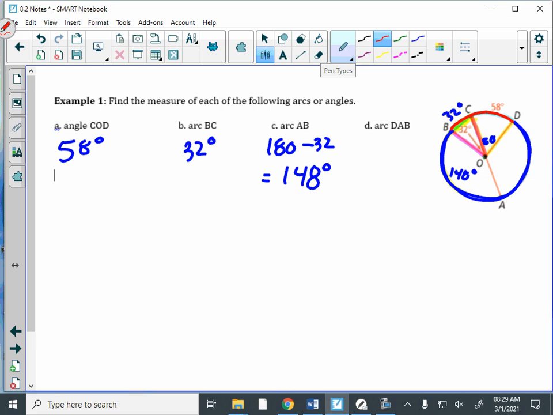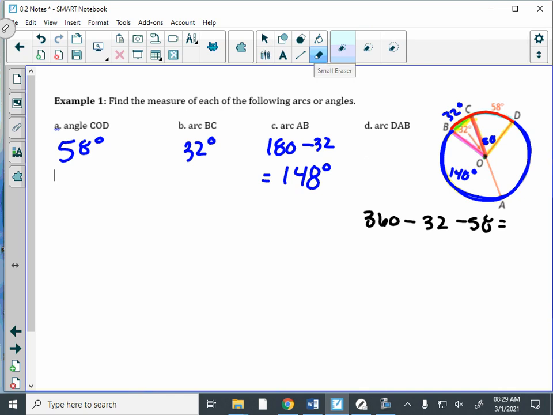Subtract those two arcs that make up the red part from 360, and that will give you the entire blue arc. So 360 minus 32 minus 58, and that will give us the blue arc. 280. Close. 270. So that's 270 degrees.